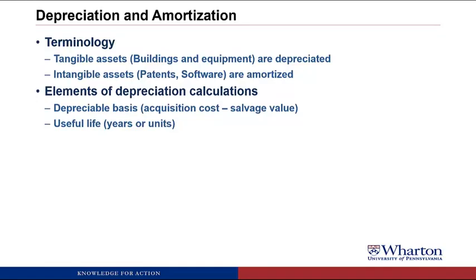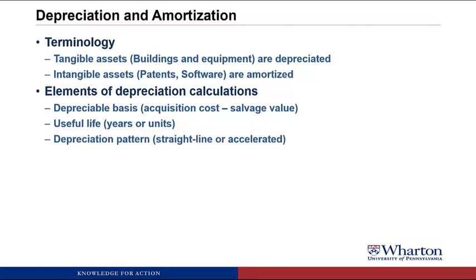The useful life is how long we think we're going to use the asset. In prior examples, we've always done number of years. You could also do this based on number of units. So if you thought an asset would produce 5 million units over its life, and this year we produced 1 million units, then you would take 1/5 of the value as depreciation in year 1.